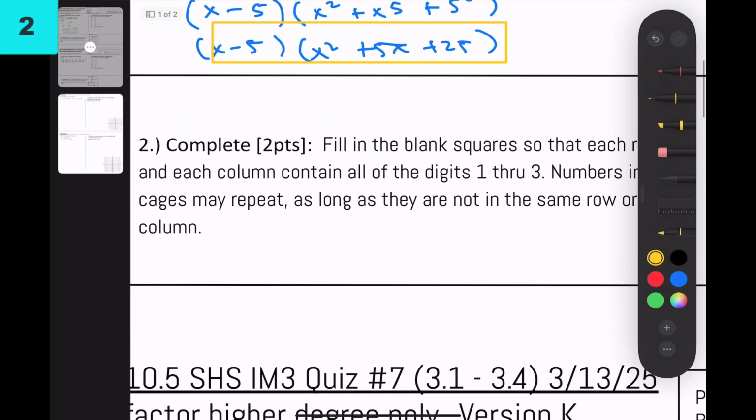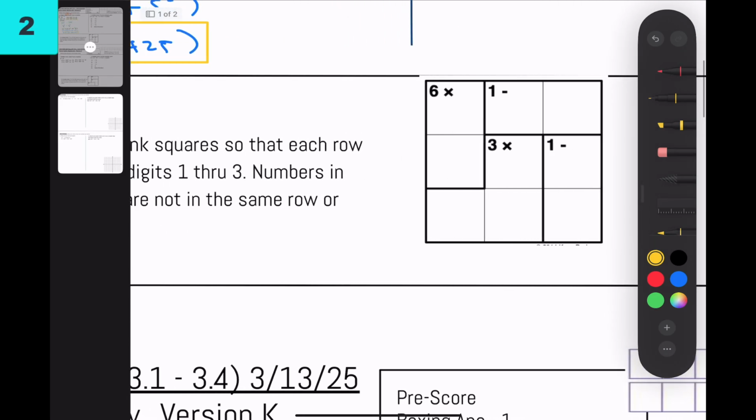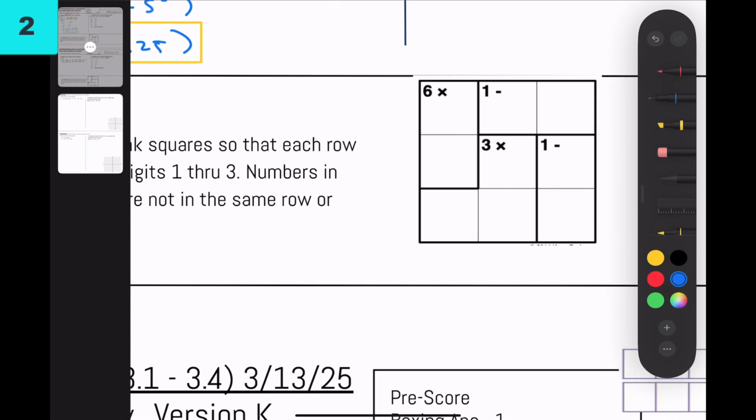Okay, question number 2. A lot of students, I'm just going to write it out. No negatives. You can only use numbers 1, 2, and 3, and no repeats. Sometimes you have to just guess and erase. Let's do this one right here.